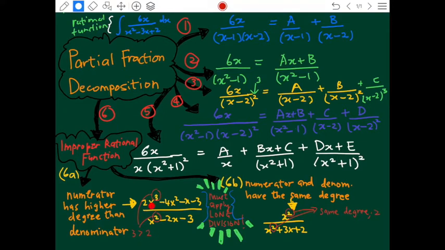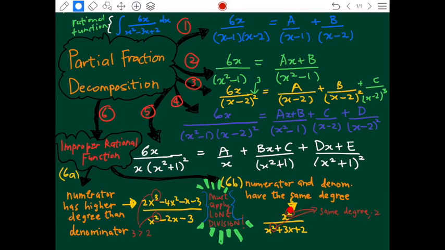So the power at the numerator is higher than at the denominator. So we call this function an improper rational function. Now, the second category is when the numerator and denominator have the same degree.